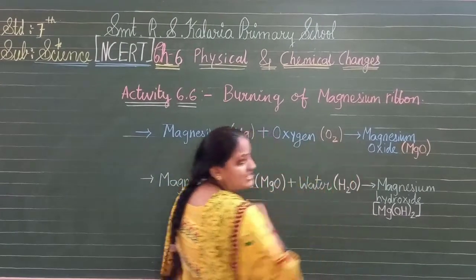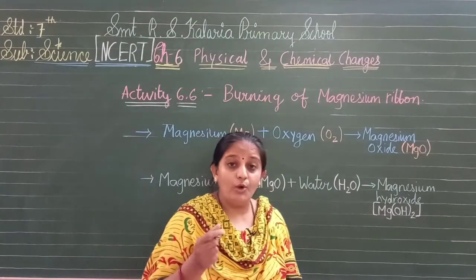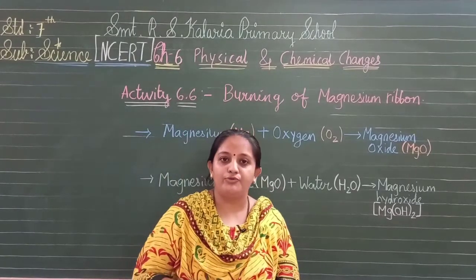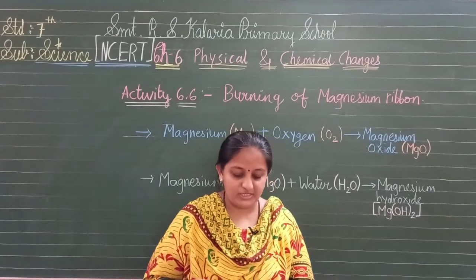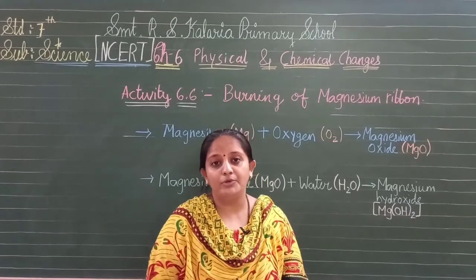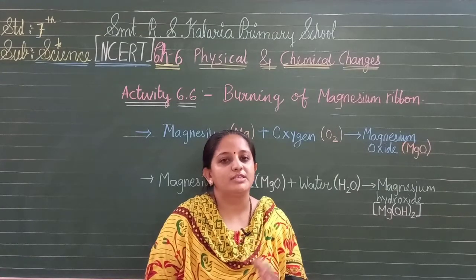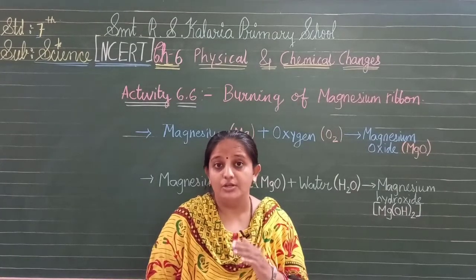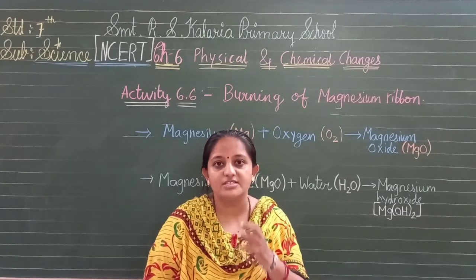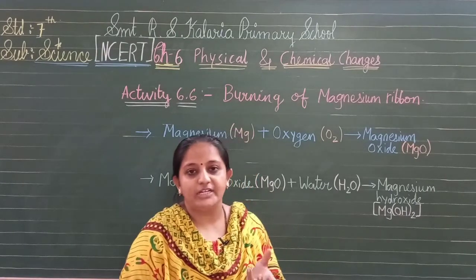This is the new result we got from what has burned. Now what you have to do is collect the ash and mix it with a small amount of water and stir the mixture. This is also known as an aqueous solution. Now how will you come to know whether this substance dissolved in water is acidic or basic? We should know whether it is an acid, a base, a neutral, or what this substance actually is. So we have a very common indicator, that is litmus paper.